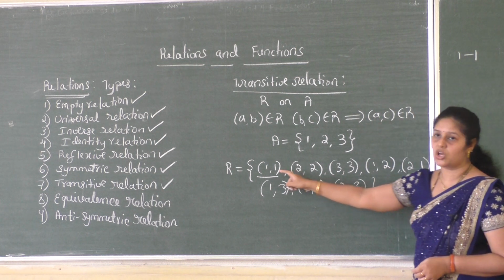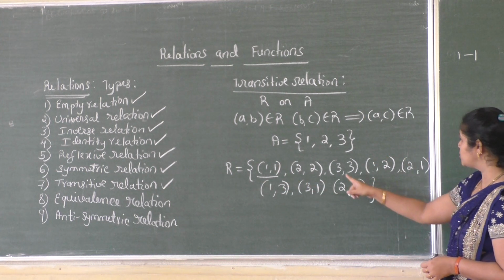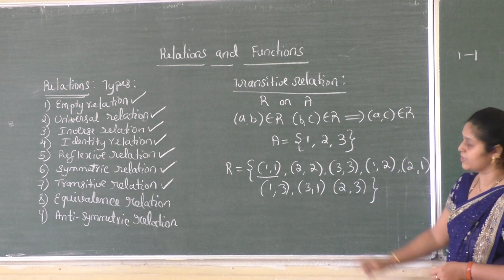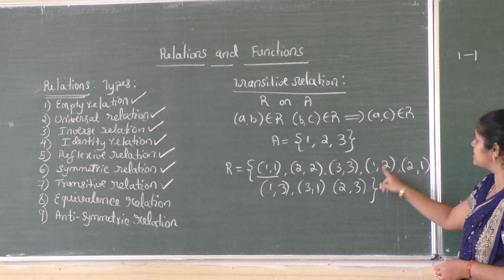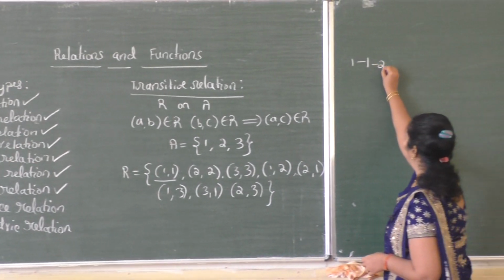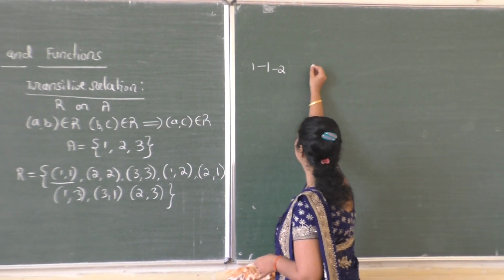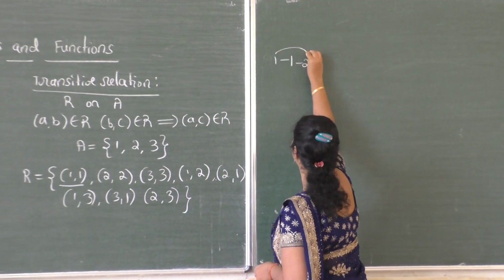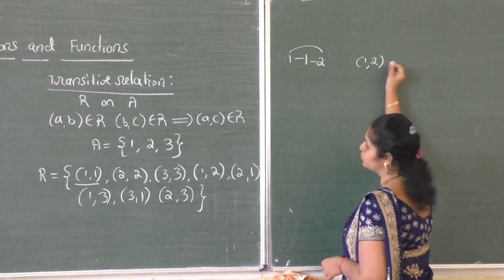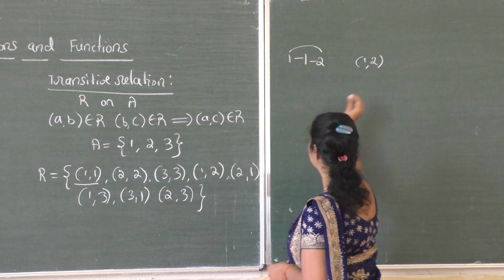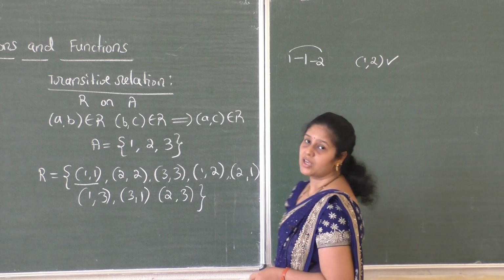Then you have to search for the ordered pairs which have 1 as the first element. Here we can see (1,2). So 1 goes to 1, 1 goes to 2, and as a result we get ordered pair (1,2). You can see that (1,2) is there in the relation R.